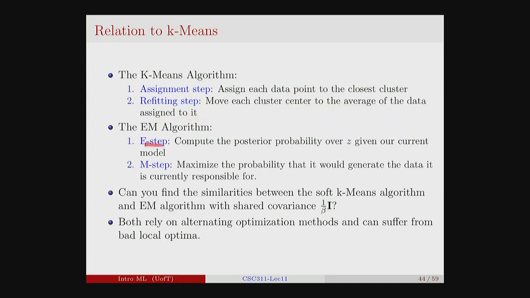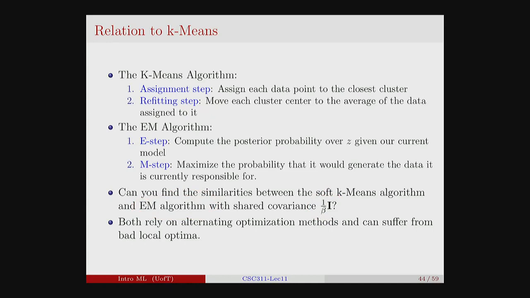Versus in the EM algorithm, you would compute the posterior probability of Z given our current model, and in the M step, maximize the probability it would generate the data it is currently responsible for. And so there are lots of similarities between the soft k-means algorithm and the EM algorithm for Gaussian mixture models using a shared covariance matrix, which is 1 over beta.